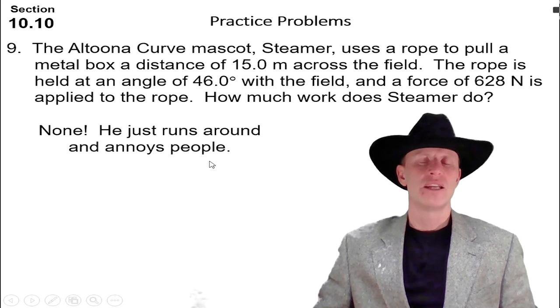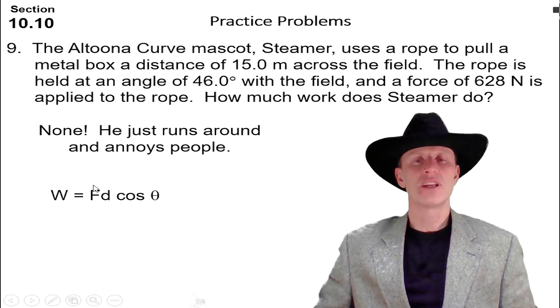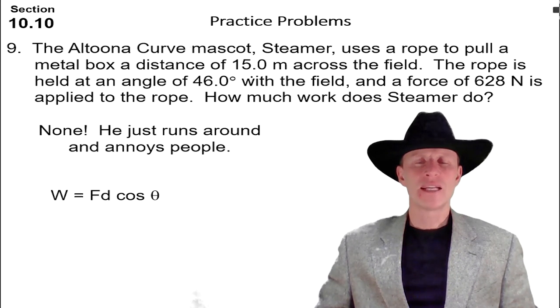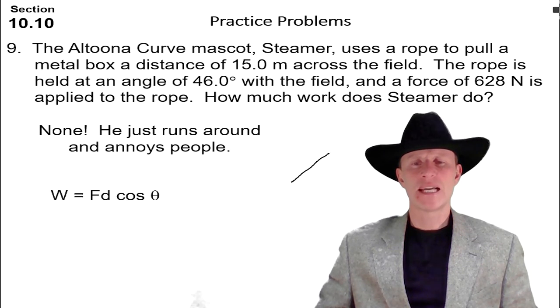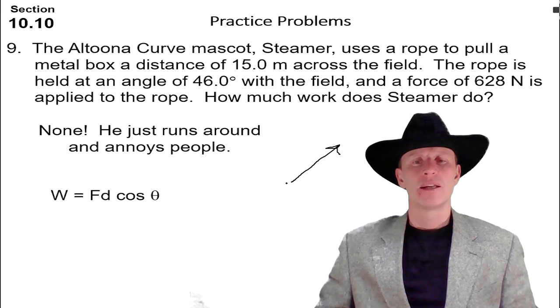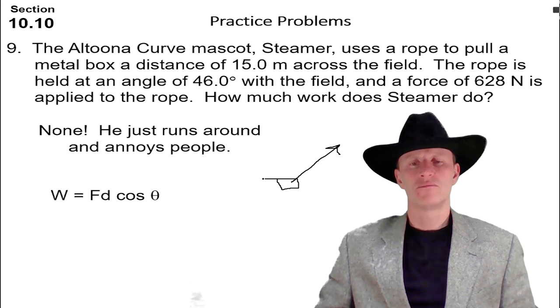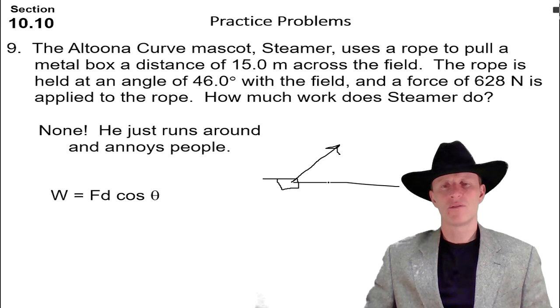But in terms of physics, he is doing some work. Remember, work is force times distance times the cosine of the angle. If he applies a 628 newtons force applied to a rope in this direction, here's the box. This is 46 degrees with the field. So here's the field going across, and this is 46 degrees.